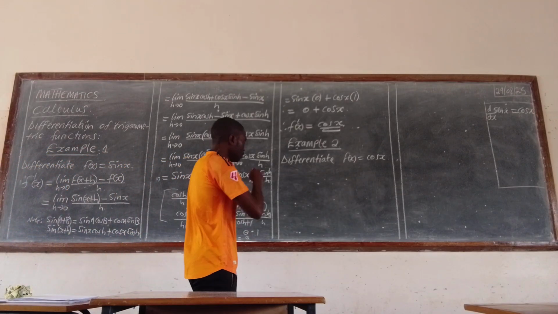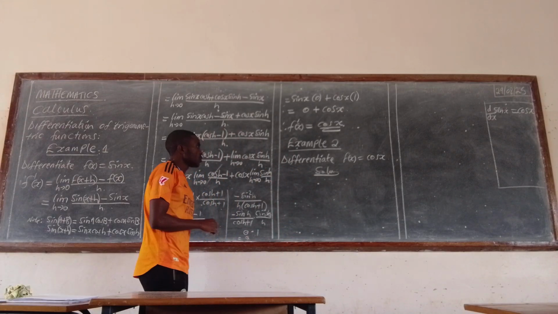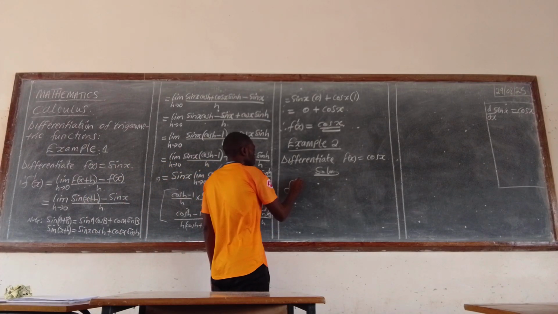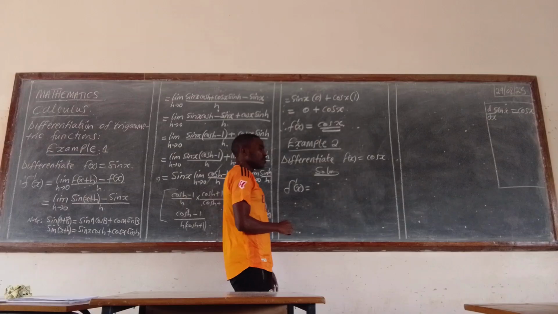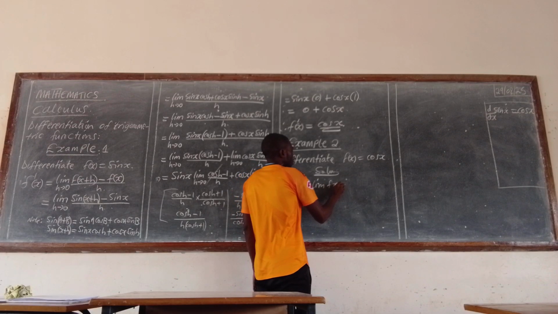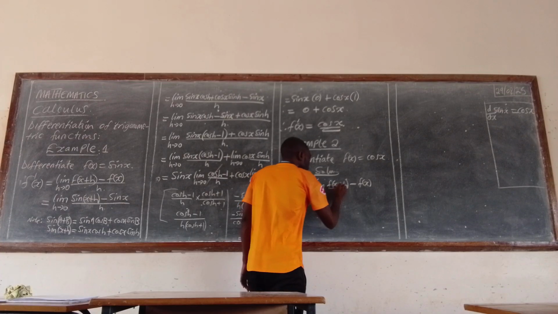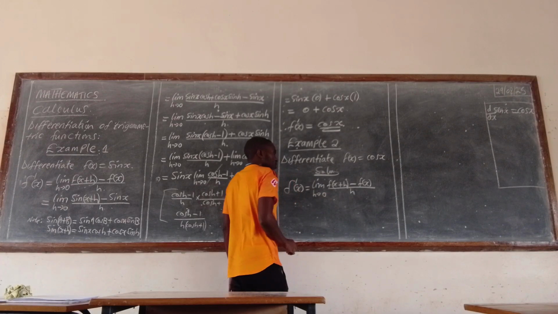Okay, so now we can do it together. Solution for this one. From the first principle, when you're deriving a function, we say f prime of x is equal to the limit of f of x plus h minus f of x, divided by h as h approaches 0.